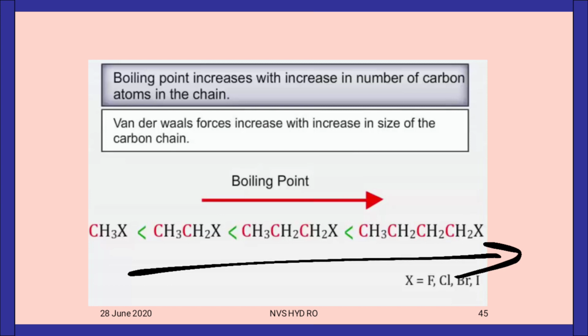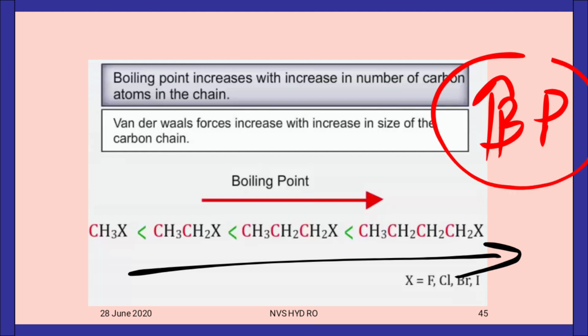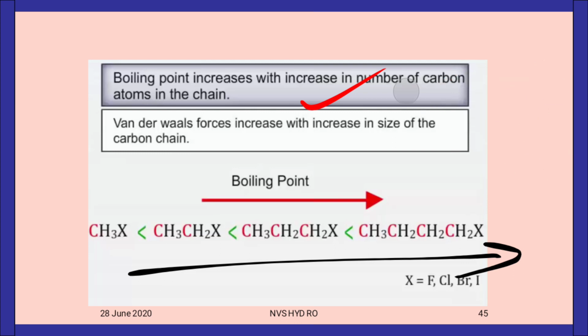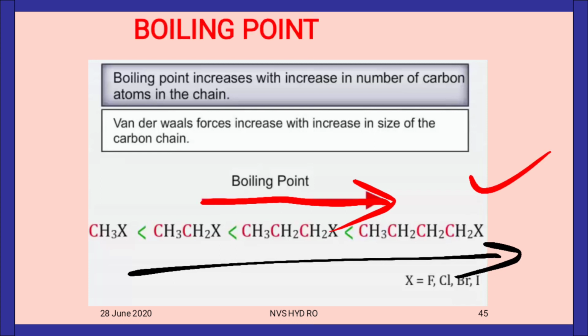The boiling point increases by increasing the number of carbons in a chain, that chain's boiling point would definitely increase, because अगर कार्बन है तो वो कुछ ना कुछ करके interaction बनाएगा. ठीक है, hence this is the order which is being followed here, right?